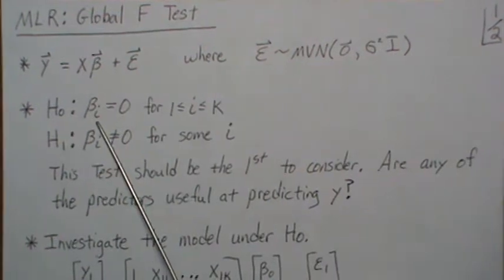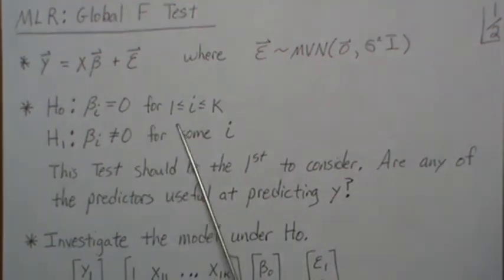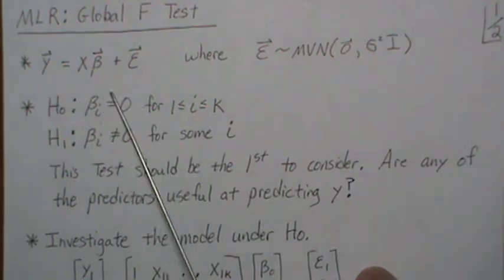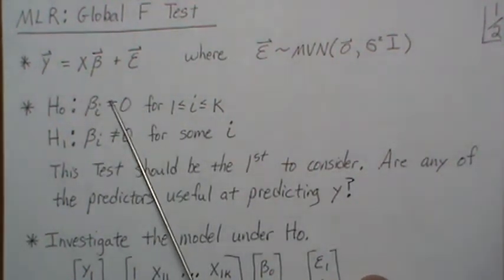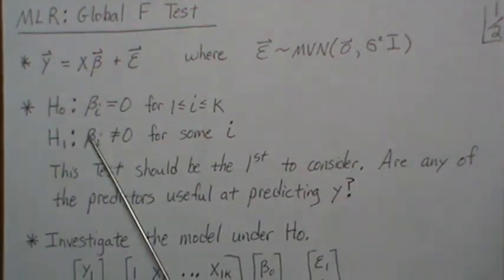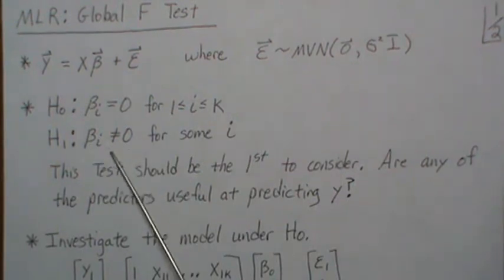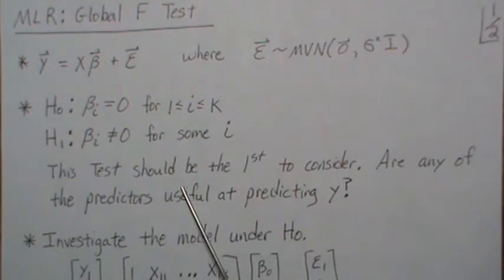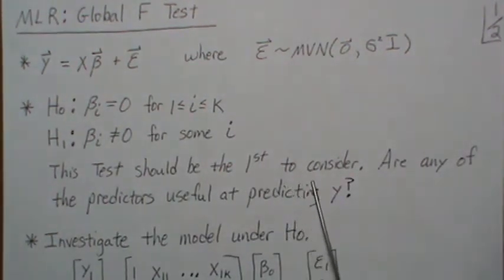The null is that beta_i is 0 for all i equal 1 to k. So every beta parameter, not counting beta 0, every beta parameter associated with a regressor or predictor variable is 0, or the alternative: hey, is one of them not 0? In reality, this is probably the first test to consider.